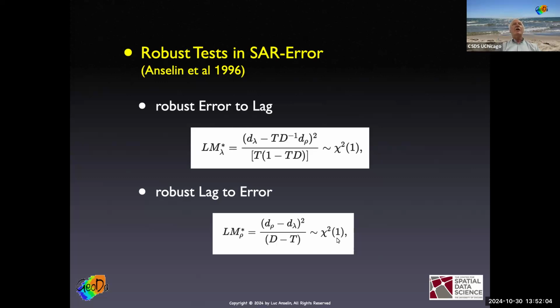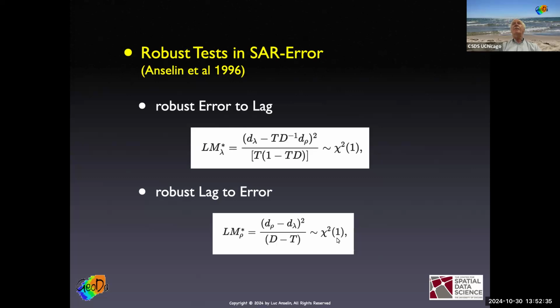One case is the lag error case, or SAR error case, where we have LM lag, robust LM lag, robust to possible presence of error. We have LM error, robust LM error, robust to possible presence of lag. And we have joint lag and error. That's 5. Then in the spatial Durbin case, we have another 5.